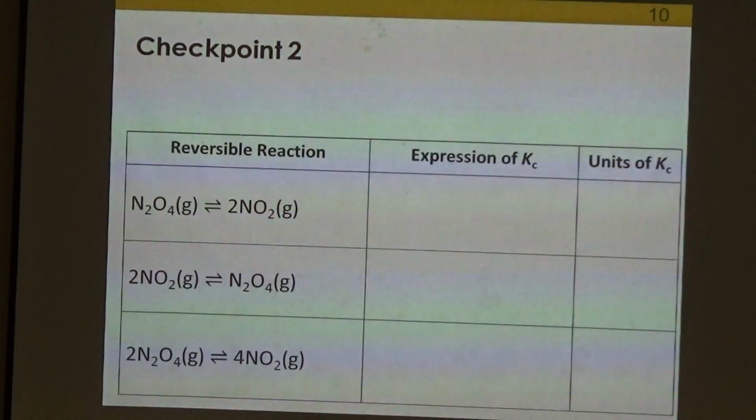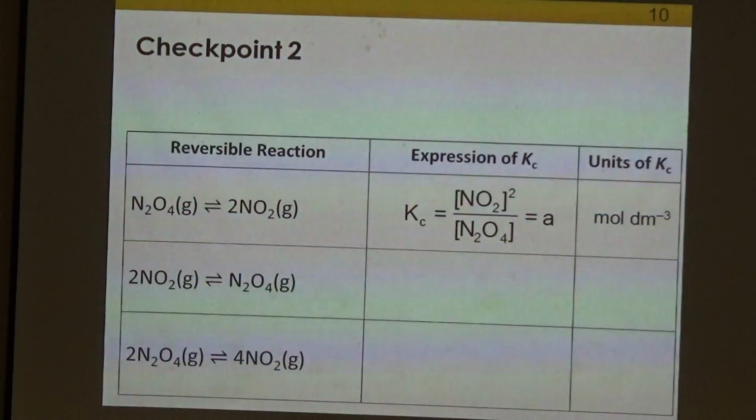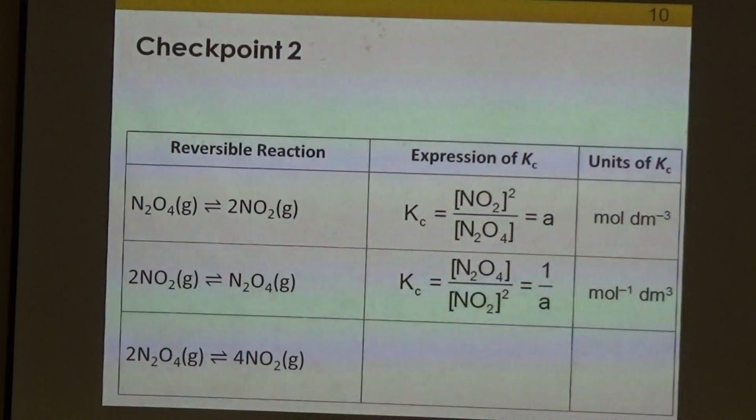Mostly done. Let me show you the answers. For these first two, I want you to take note that if you are given the reverse of a reaction, the backward reaction, then the Kc is simply the reciprocal.